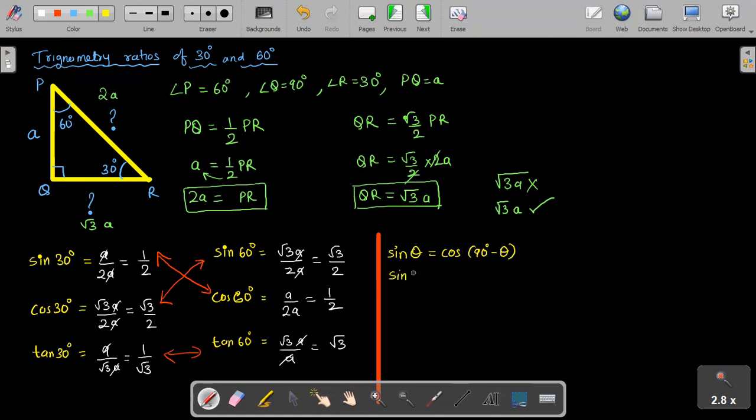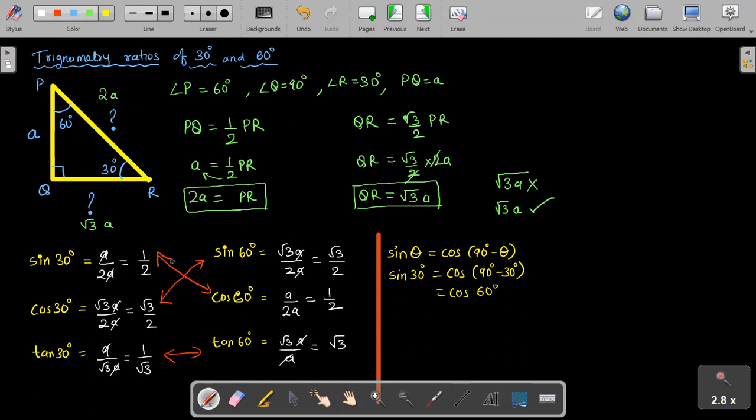Sine 30 degree, what will it be? Half. Yeah, cos 90 degree minus 30, cos is 60 degree. We already know cos 60 degree's value is half.